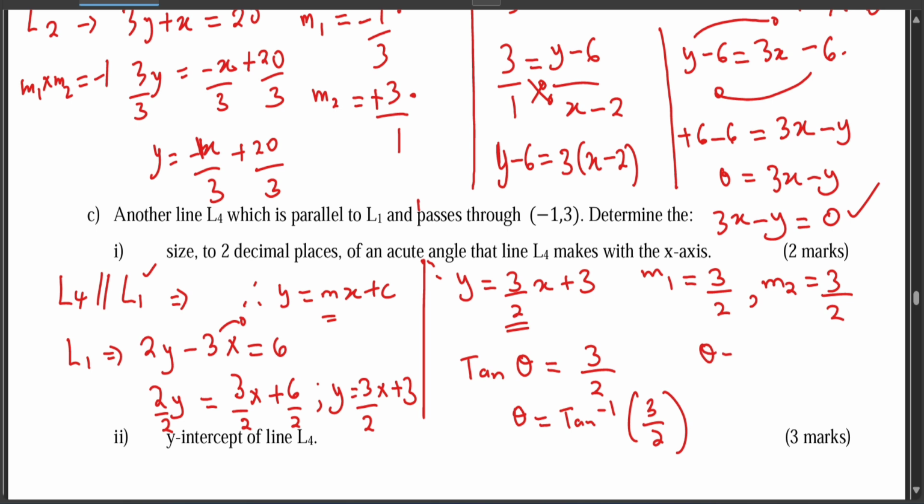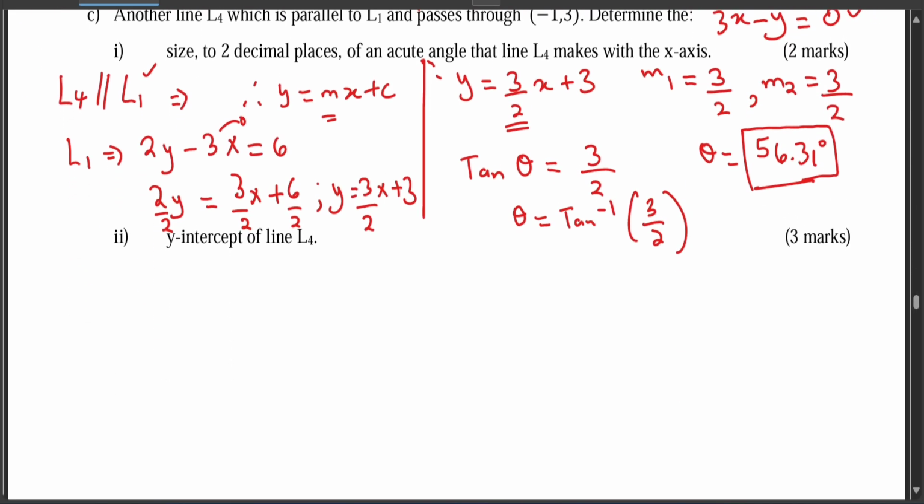So theta yako ni ngapi? So tan inverse ya 3 over 2, which should give you 56.31 degrees to 2 decimal places. Sawa. Haya, tushapata hiyo.